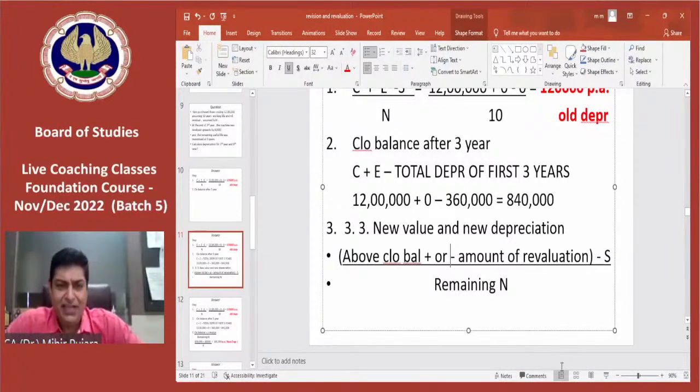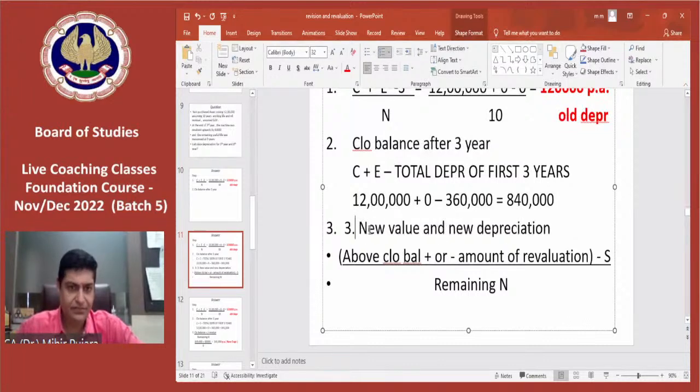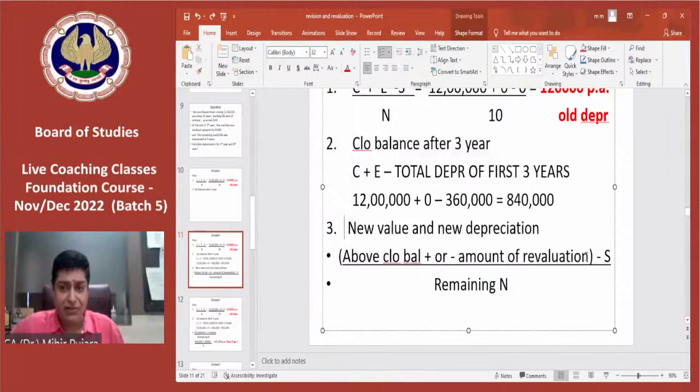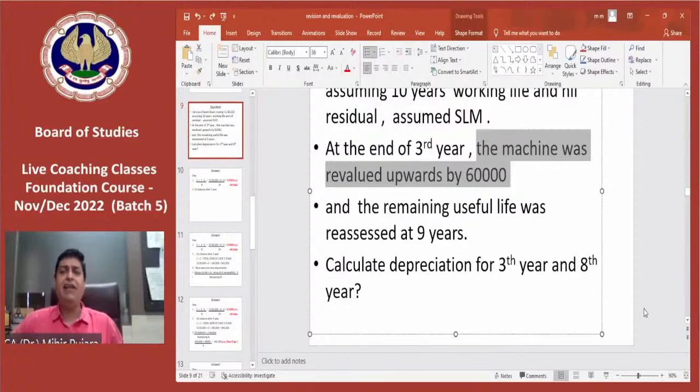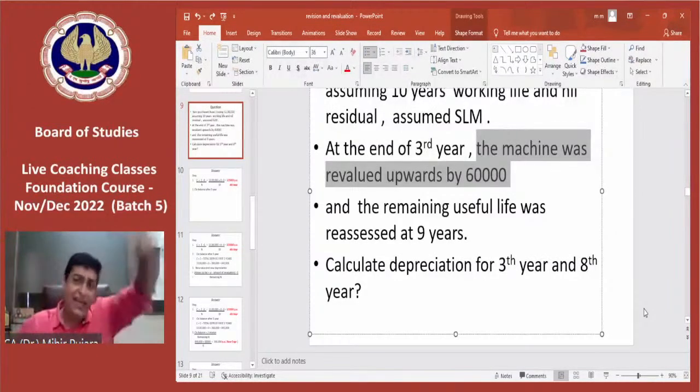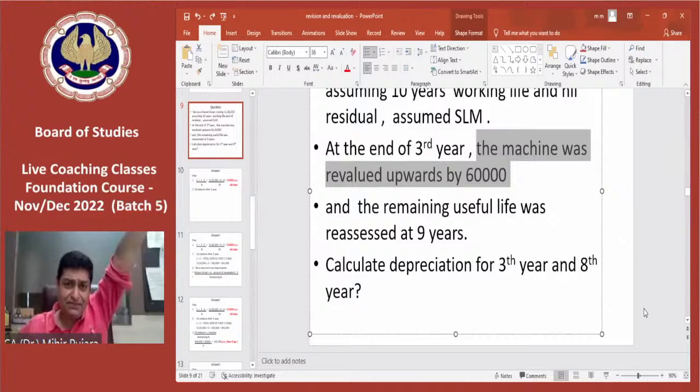Okay. And now the new depreciation, guys. So above closing balance plus or minus amount of revaluation, minus S, divided by remaining N. So guys, see, we are changing value, not N. N is the same, 10 years, our own estimate.